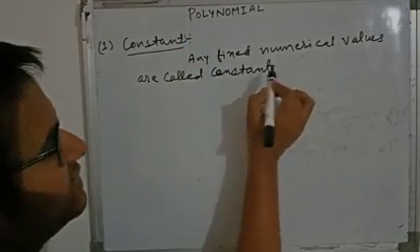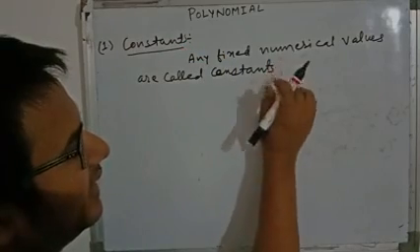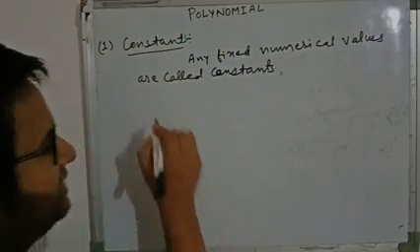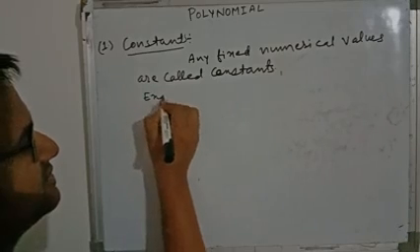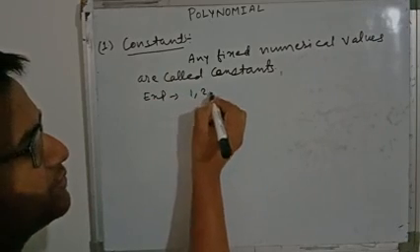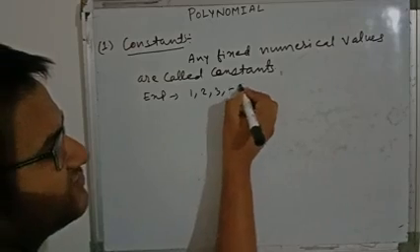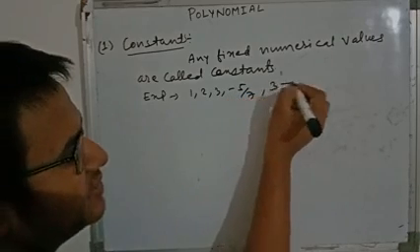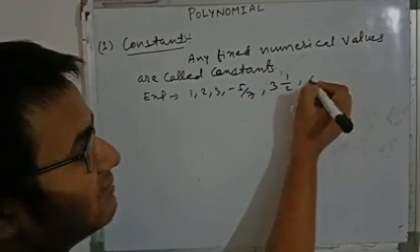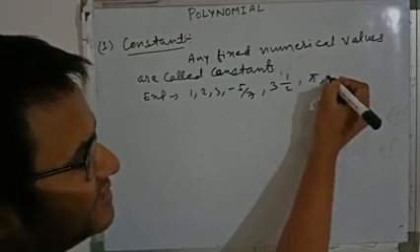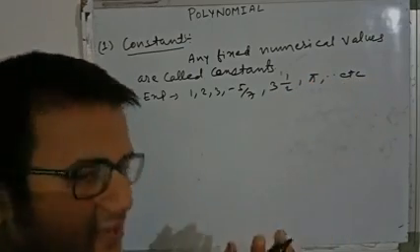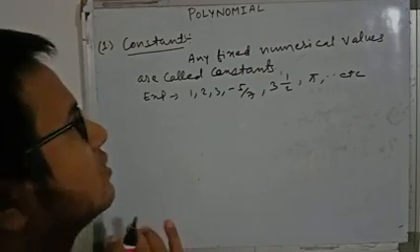It means any numbers, for example you can write 1, 2, 3, minus 5 by 7, 3 by 2, like pi, etc. Any fixed value is called a constant.